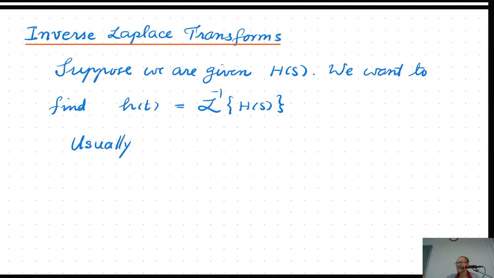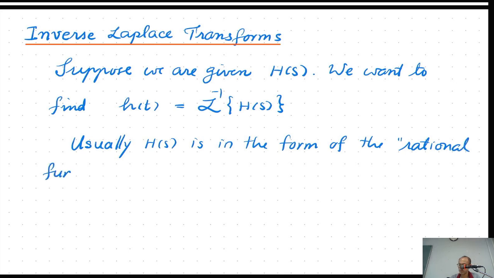Almost 99%, almost always, H of s is in the rational form. So what is a rational function?